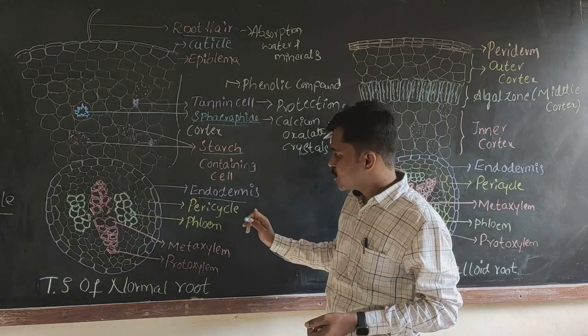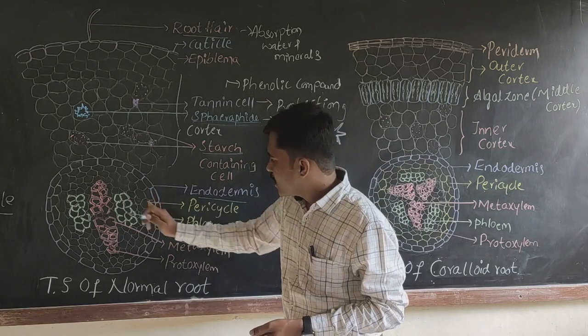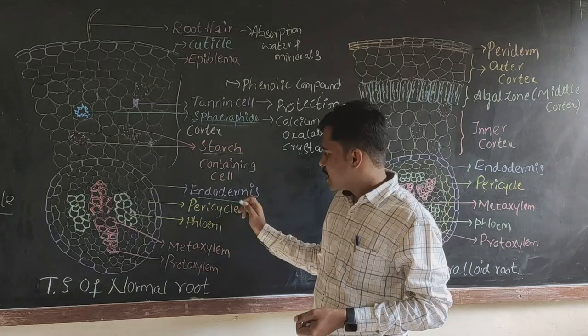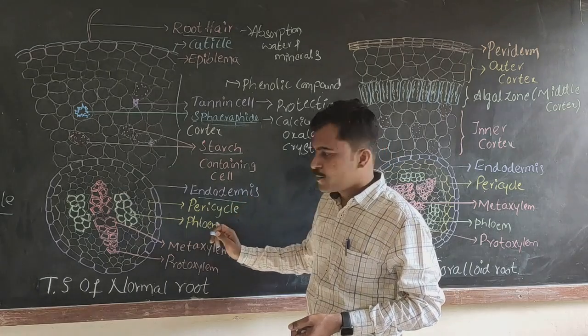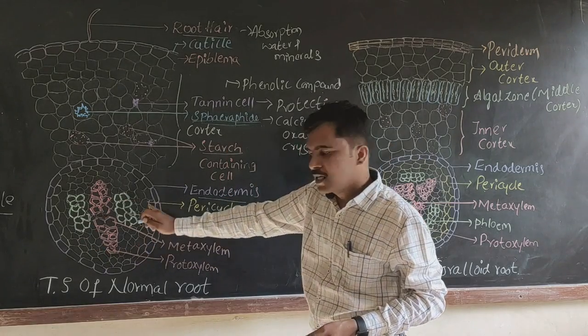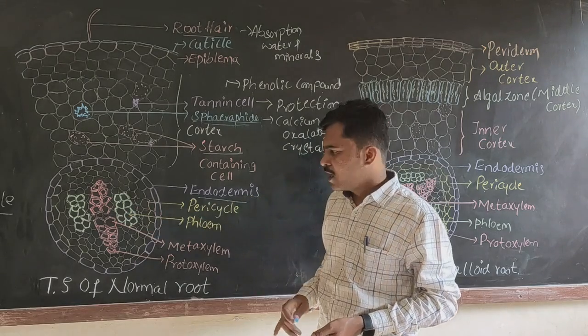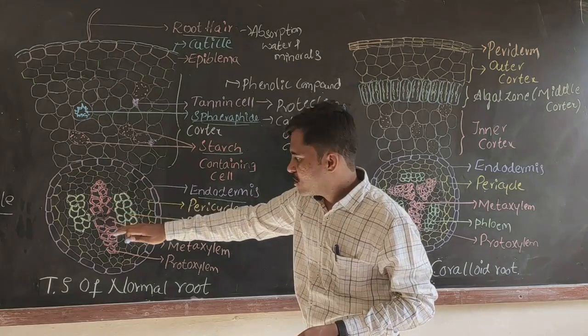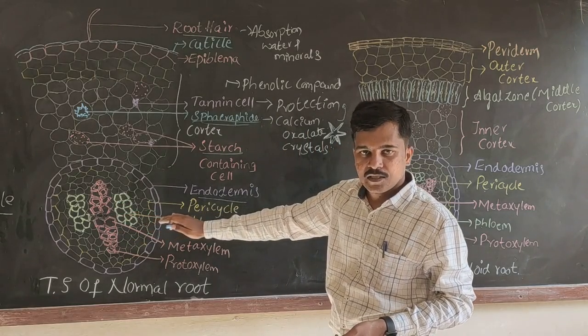This endodermis is followed by 2 to 3 layers of pericycle. This endodermis and pericycle help in protection, again in protecting these vascular bundles. And at the center of the stele, you will find the presence of vascular bundles.